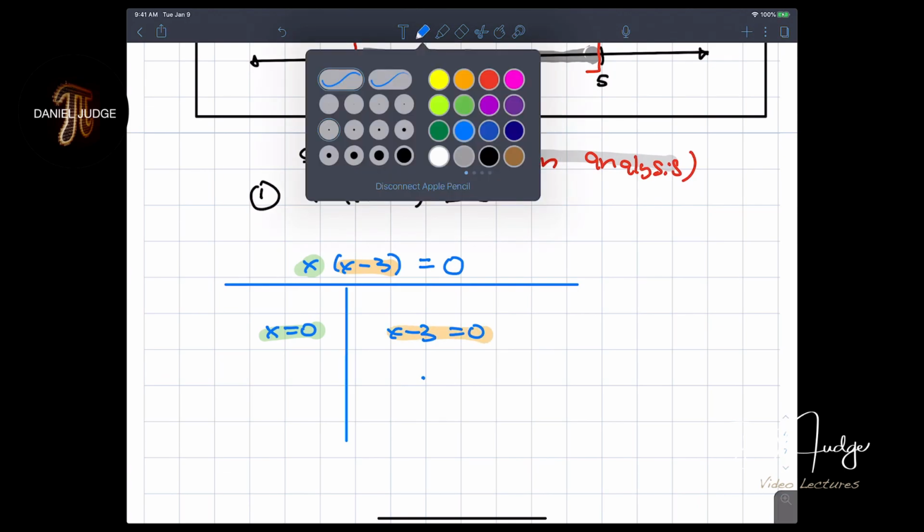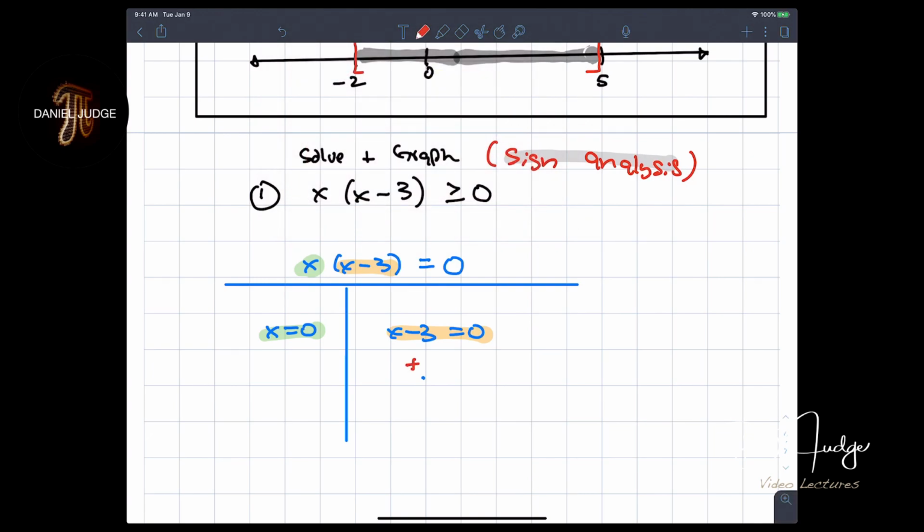We have to add 3 to both sides for this second one so that we can obtain a solution. We know here x is 3, because the first one, when we set it equal to 0, was already solved. So that's nice. These are the solutions.